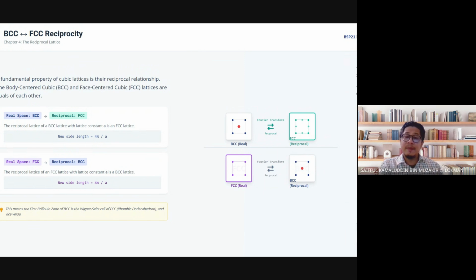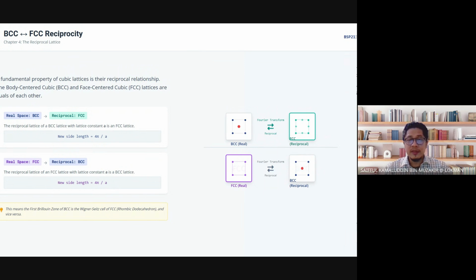Simple cubic in real space is also simple cubic in reciprocal lattice. But BCC in real space will become FCC in reciprocal lattice. So vice versa, the reciprocal lattice of FCC will become BCC.